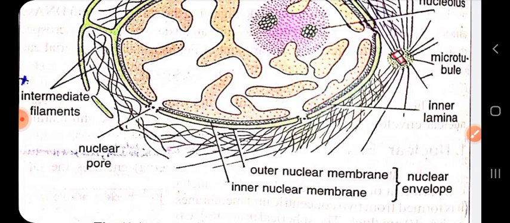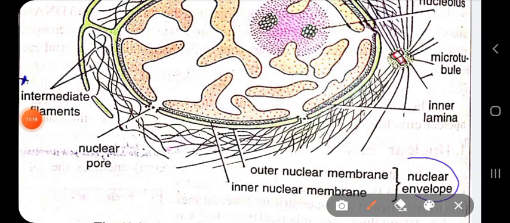Again, I repeat, your nuclear envelope, also called perinuclear cisterna, encloses your DNA and defines the nuclear compartment of interphase and prophase nuclei.